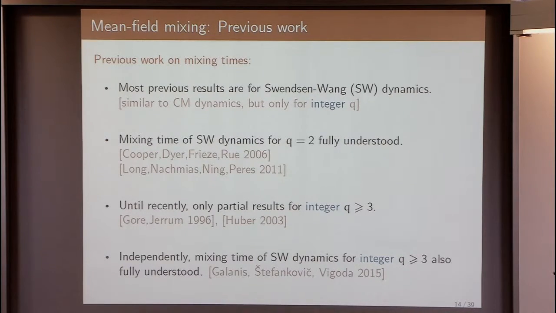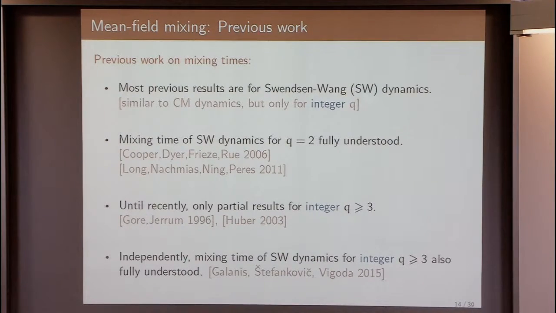And until recently, we only had partial results for the integer q greater or equal than 3 regime, and this was work by Gore and Jerrum and Huber. But in an independent work, we now have the full picture of the mixing time for the Swendsen-Wang for integer q greater or equal than 3, and you will hear more about this tomorrow.